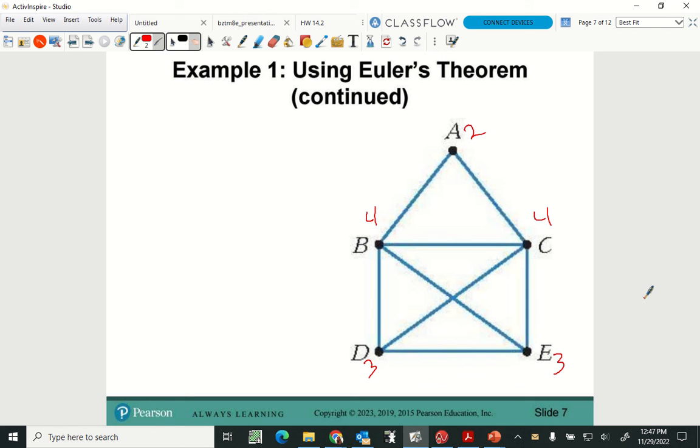Because of this, I am saying that this is going to be a path, and it is a path but not a circuit. I probably misspelled circuit, didn't I? C-I-R-C-U-I-T. There we go.